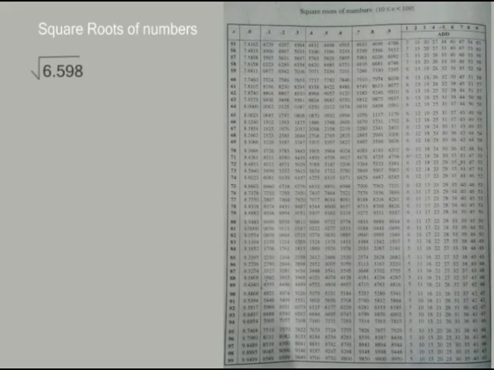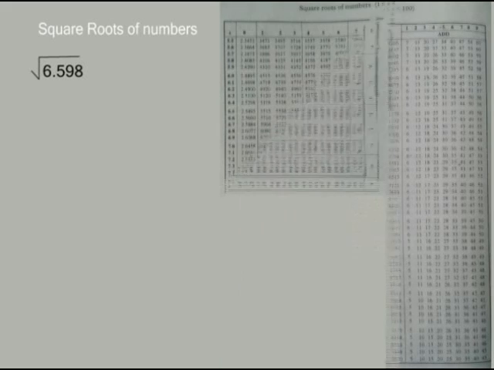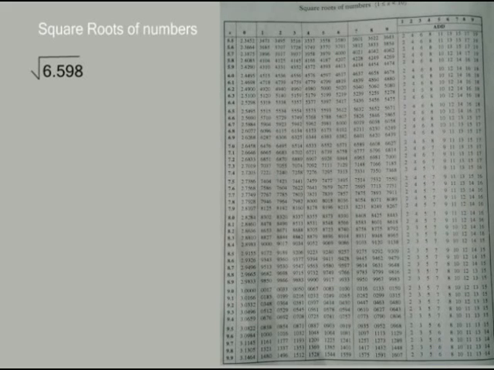For example, the square root of 6.598. Here we use the tables of numbers between 1 and 9.99. 6.5 is here. If you look at the column of 0, the figure is 2.5495. But looking at the columns of 1, 2, 3 up to 9, there is no decimal indicated. What that means is that all the numbers in this row start with 2 point, even though it's not written.